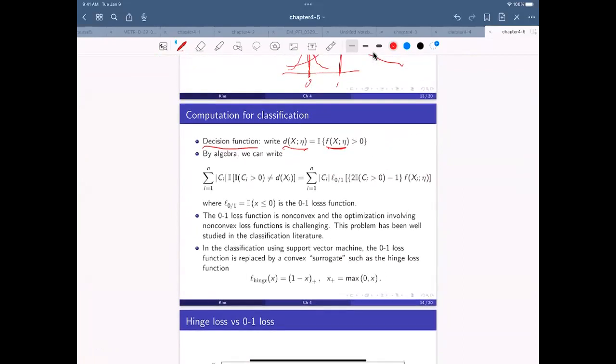This kind of problem is actually well studied in the machine learning classification literature. I want to ask a related question about the meaning of the value function.